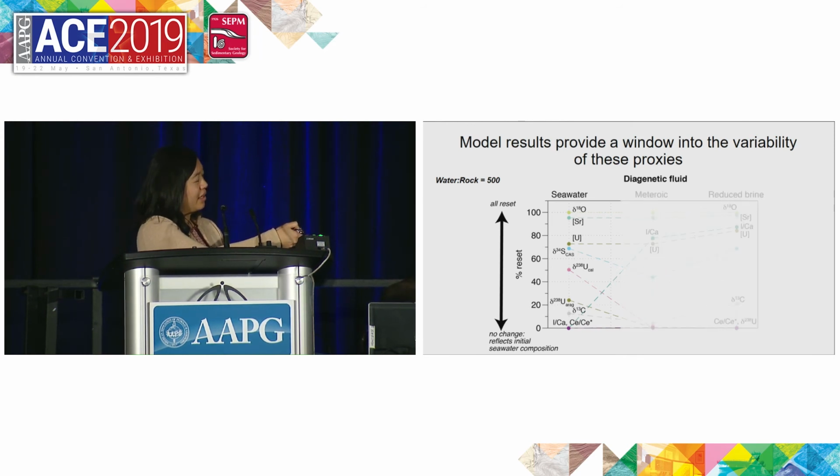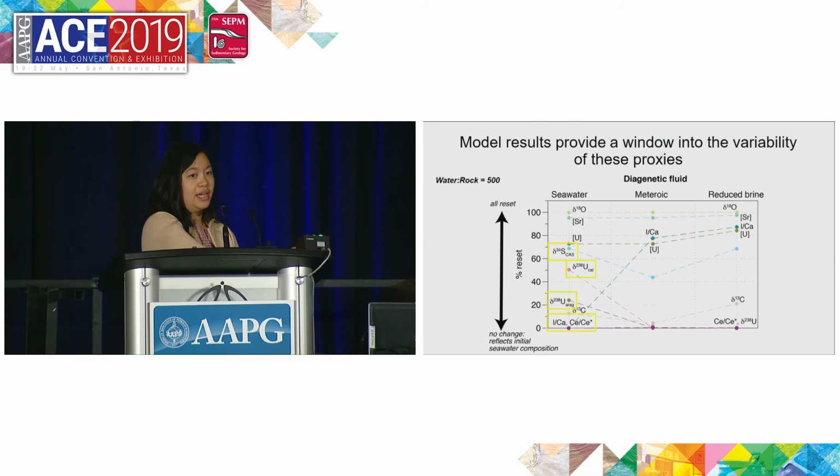Let's first look at the seawater situation. I've boxed in yellow the paleoredox proxies of interest. Again, as we said earlier, sulfur isotopes are more easily reset, followed by uranium. And then lastly, iodine-calcium and cerium anomaly seem to be relatively robust.